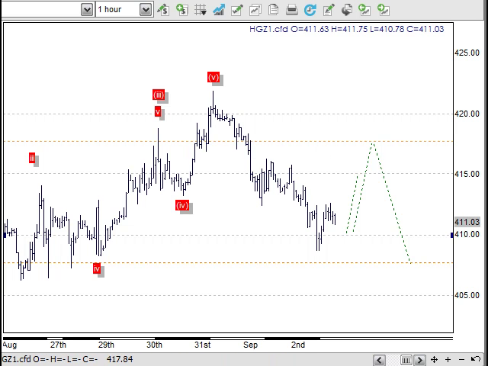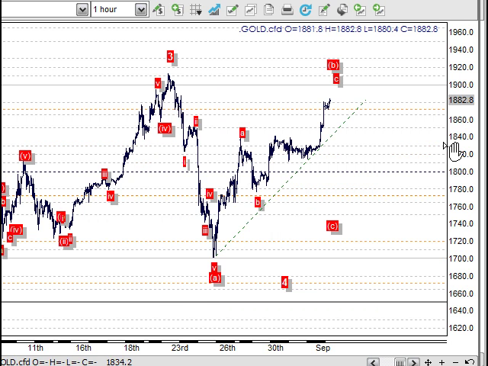Now the gold market, this is where we may have made an error in the short term, I guess. Now we're looking for a B wave to come up to here, and it still can come. Technically, it can be all the way up here until it takes out that high there. So it causes a bit of a problem.